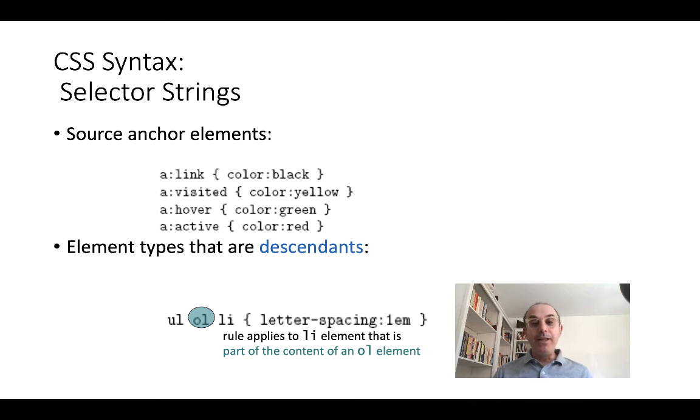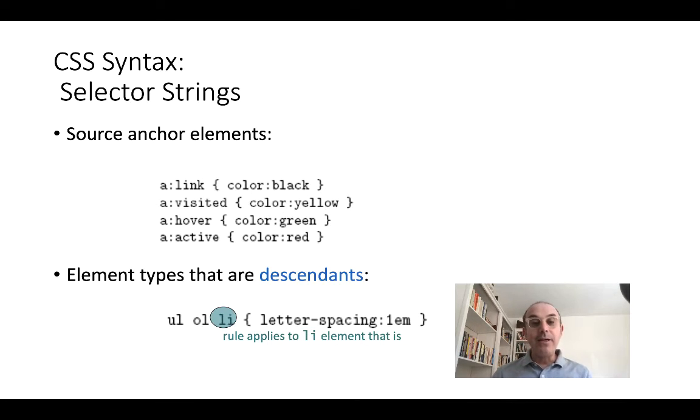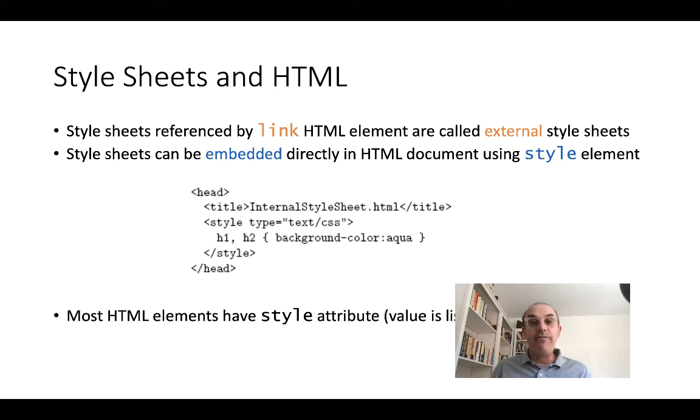OL is the ability to display the ordered list. And LI is the rule that applies to the LI element, which is a little bit more condensed. I want you to experience that. I want you to feel how it feels. And again, this is the issue of beauty.